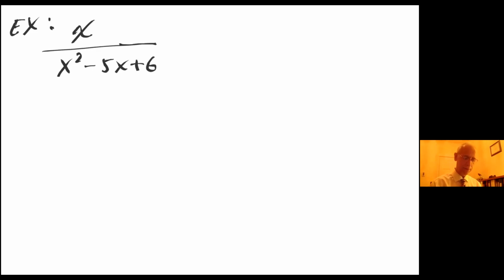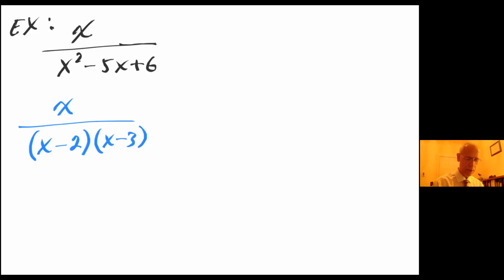In fact, if I factor the denominator, I get x minus 2 times x minus 3. Notice that this is case 1 because both factors are linear and they are not a copy of each other. x minus 2 is distinct from x minus 3.